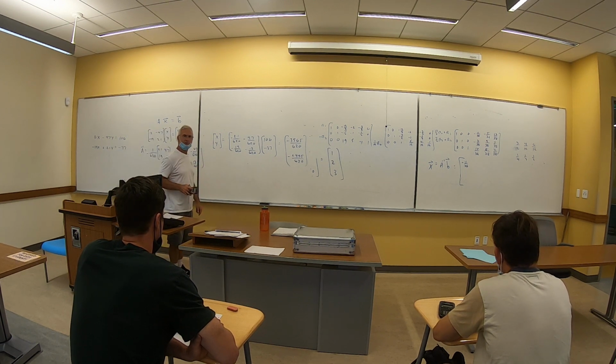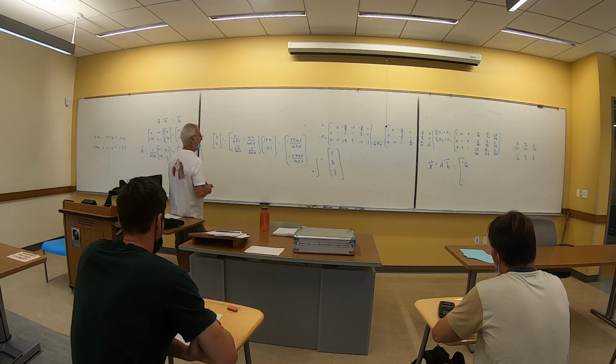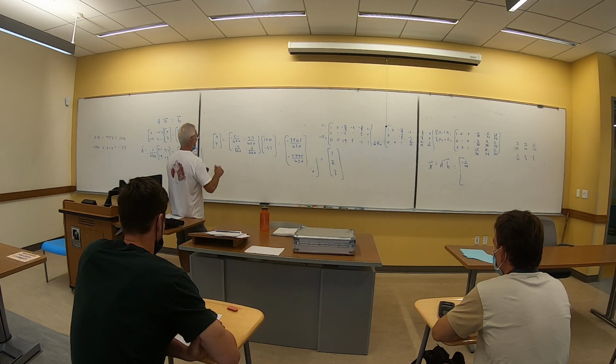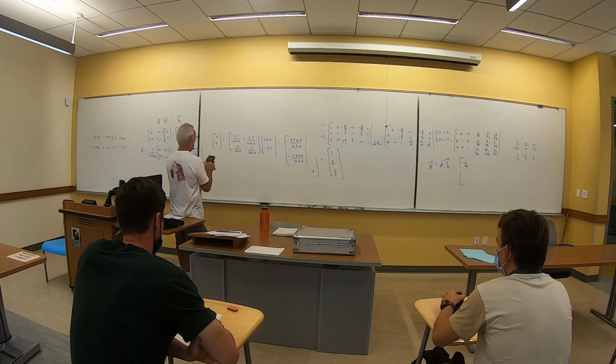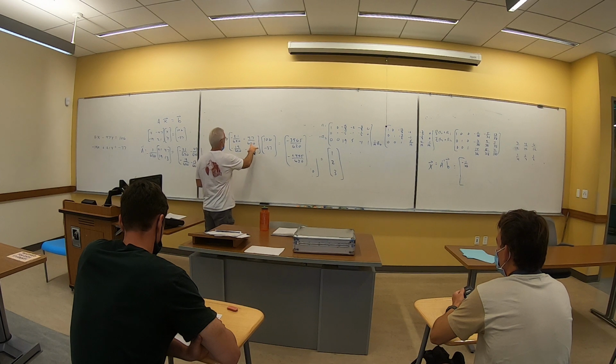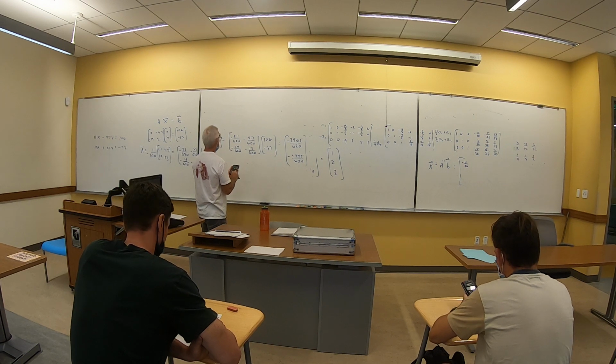What did you get, Monty? I got negative 487 for the first one. But my matrices are the same, maybe I made a mistake. No, I think 487 is right in the first one. Did I lose a sign? Let me do this again. I may have lost a sign. Let's see. Negative 21 times 106.